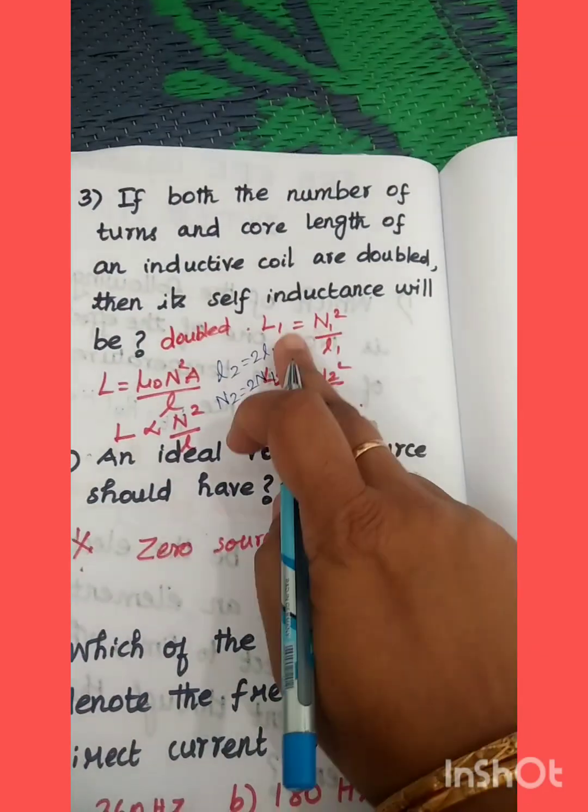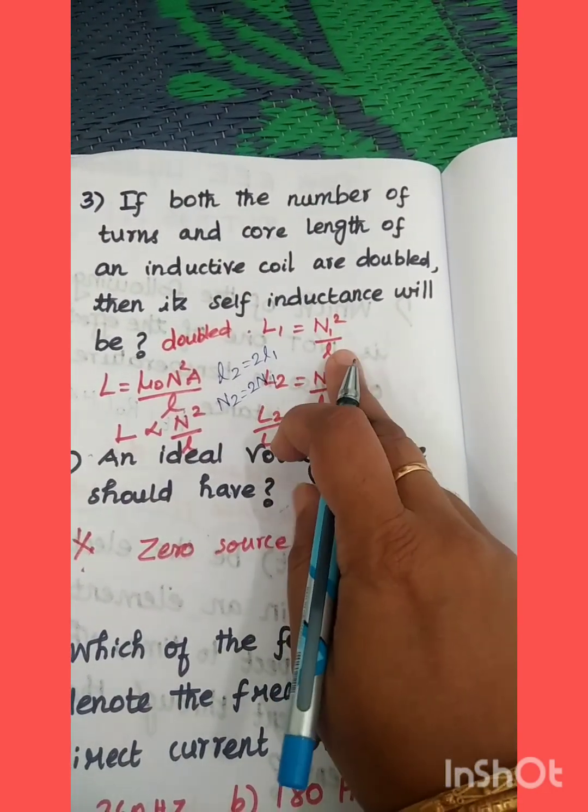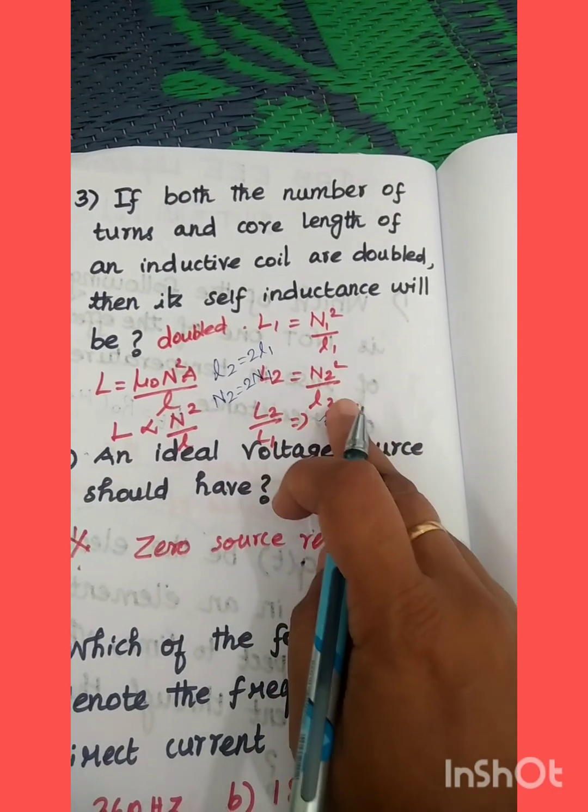So L1 is proportional to N1² / l1, and L2 is proportional to N2² / l2.